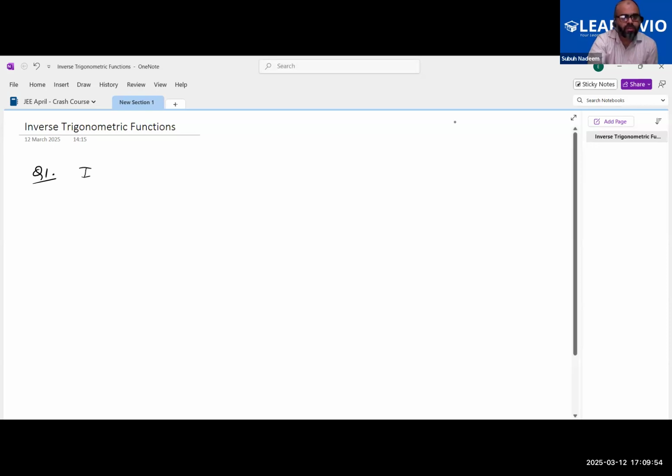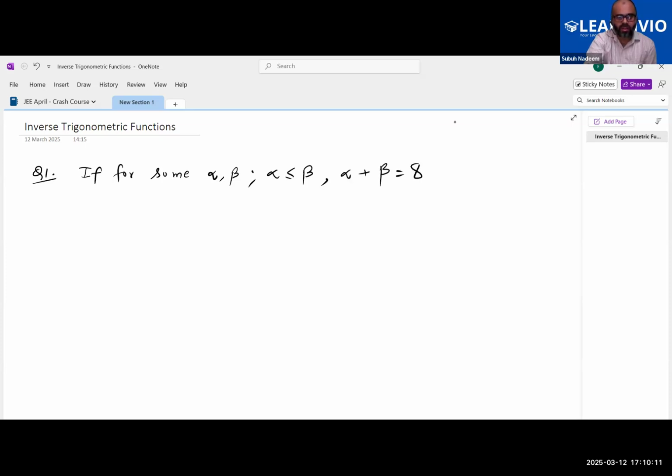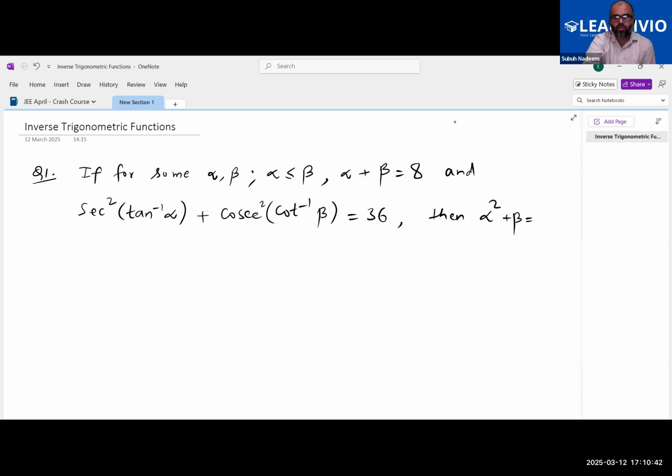It says: if for some alpha, beta, alpha is less than or equal to beta, and alpha plus beta is equal to 8, and sec square of tan inverse alpha plus cosec square of cot inverse beta is equal to 36, then alpha square plus beta is equal to what?